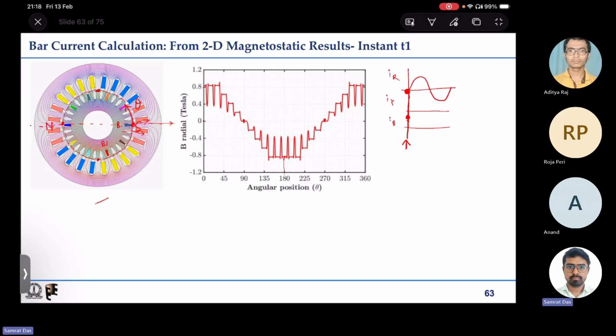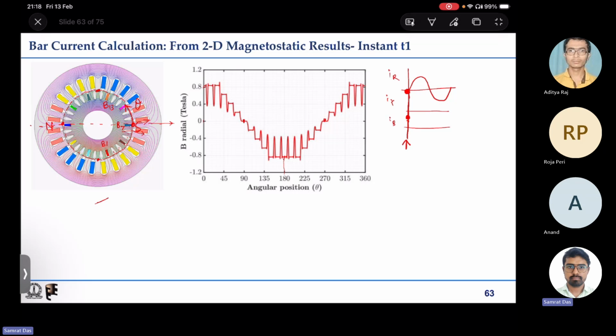Then next we count 1 2 3 4 5 6 7, so B7 is 6 slots afterwards. So I'll just take B1, B7 and B13, let us say three bars at this instant.